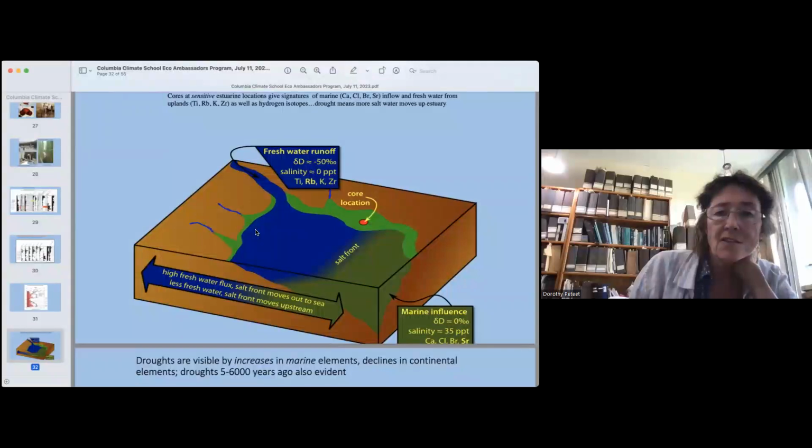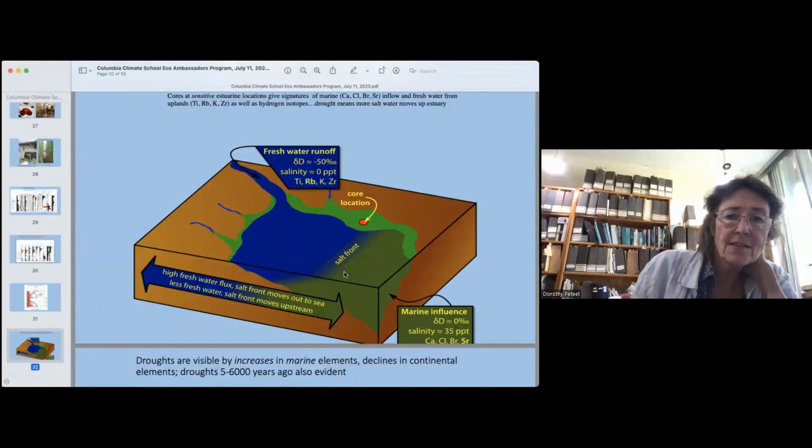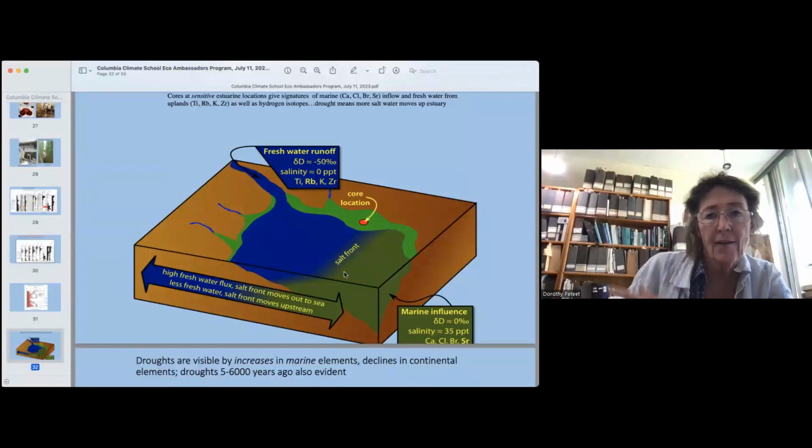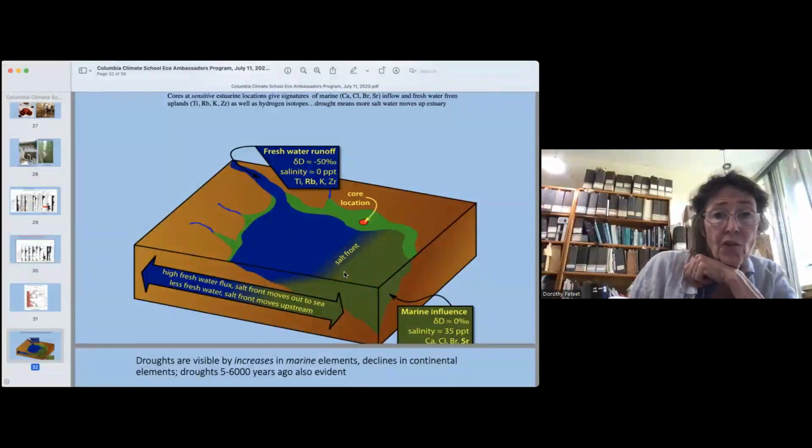We also see the salt front, which is interesting. You know, the heavier salty water in the Hudson sinks. And when there's less fresh water coming down from all the streams, the salt front moves further north.